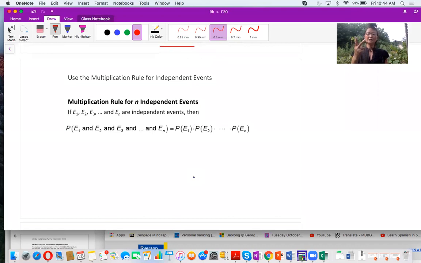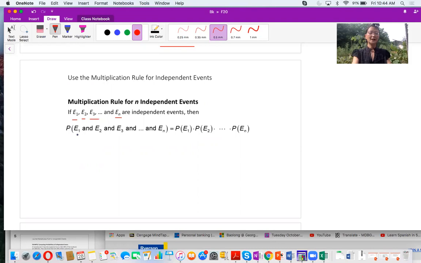So far, we talked about two independent events. The conclusion can extend to multiple independent events. Suppose E1, E2, E3, up to En are independent events, meaning any one of those occurrences in the experiment does not affect the probability of other events.